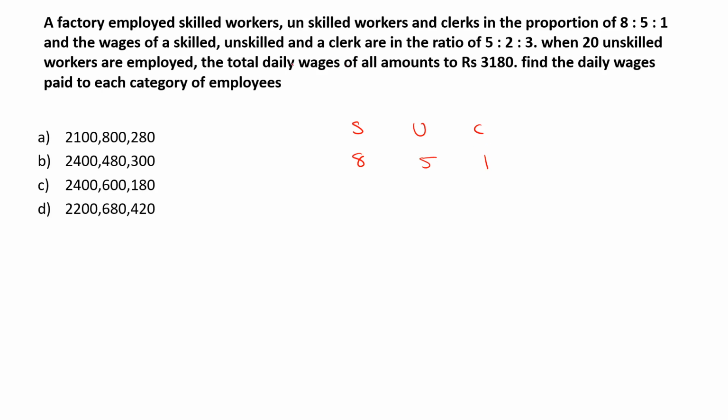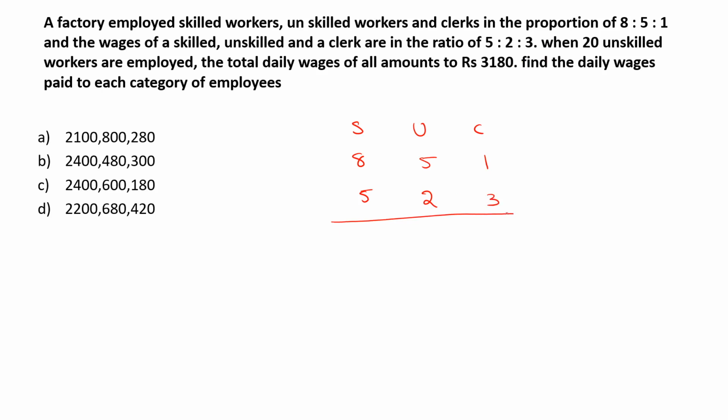And the wages of the skilled, unskilled and clerk are in the ratio of 5 is to 2 is to 3 respectively. Let us assume the wage of each skilled person is 5 rupees, the wage of each unskilled worker is 2 rupees, and the wage of the clerk is 3 rupees.